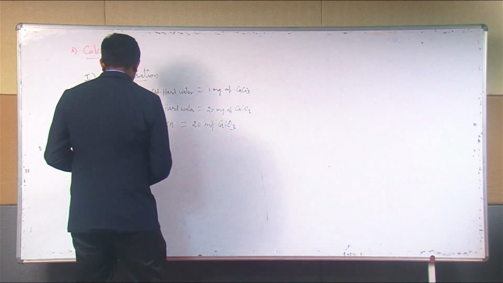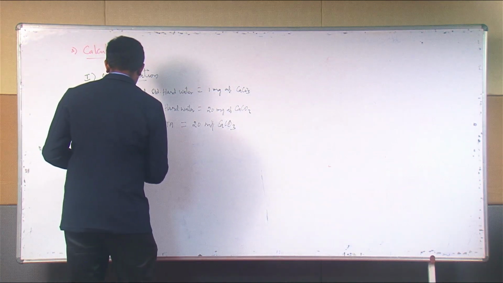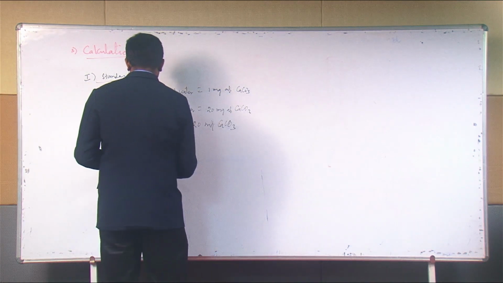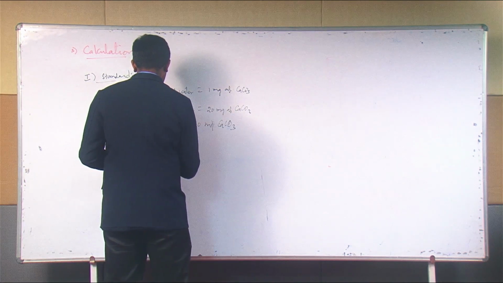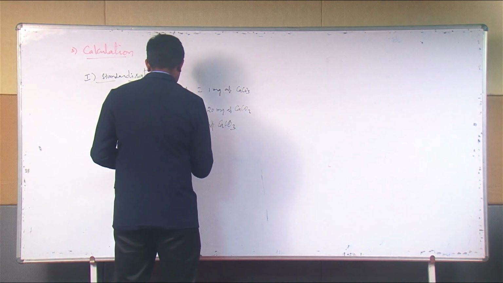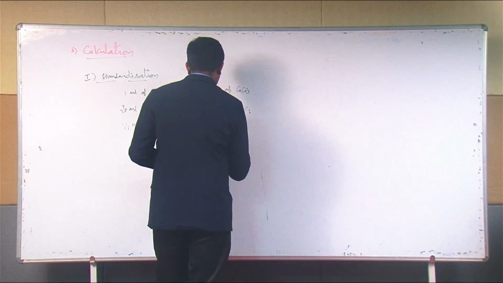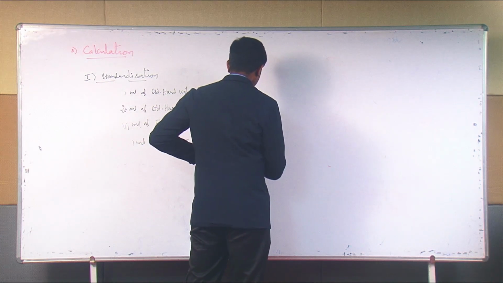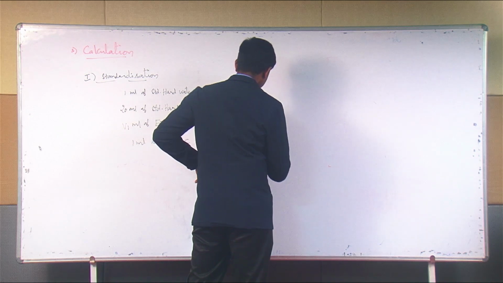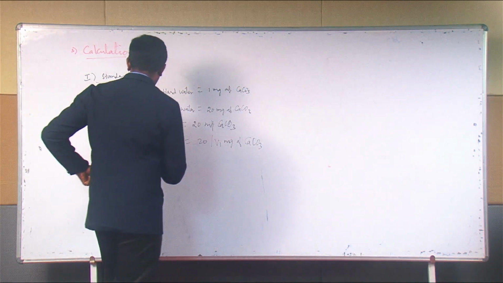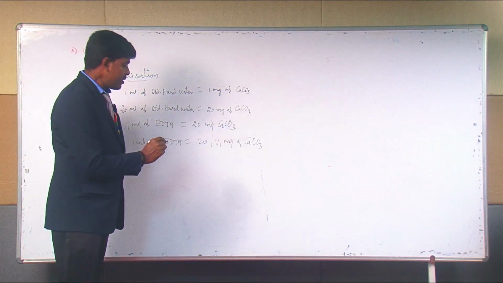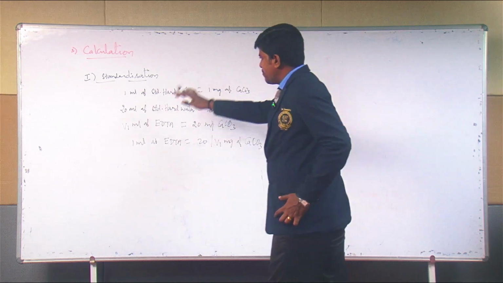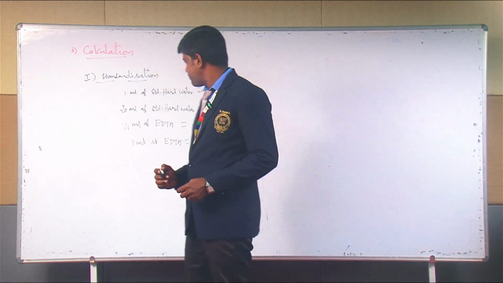So, 1 ml of EDTA is equal to 20 by V1 mg of calcium carbonate equivalent. So, this is the procedure used for the standardization.